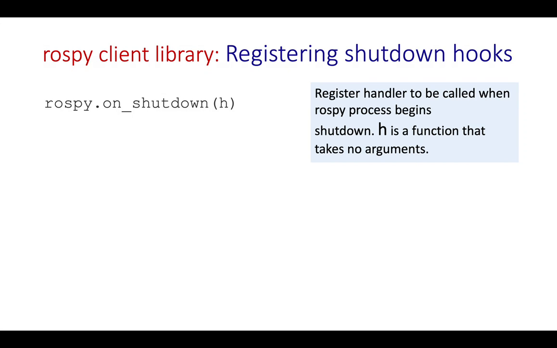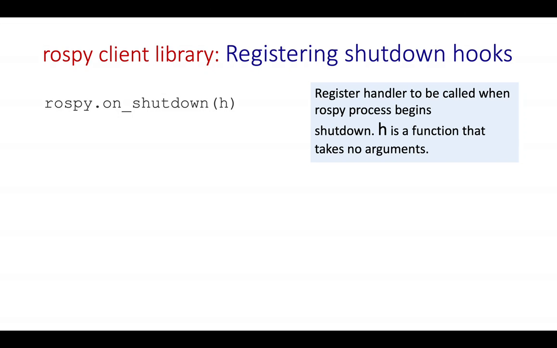We do use this sometimes, but while the previous flag was monitoring is_shutdown, you can also invoke another rospy client functionality called on_shutdown, meaning that if the node has received a request to shut down, either through Control-C or rosnode kill, before it actually dies, you can still do some last-minute work.